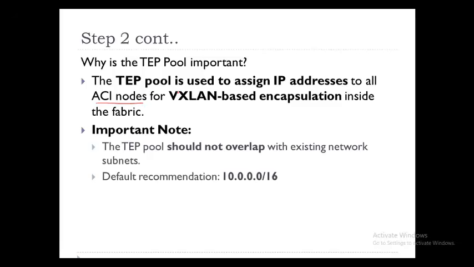So for the VXLAN outer layer 3 address, it is going to be the subnet range which you define. Important note: the tunnel endpoint pool should not overlap with the existing network subnet. So make sure you use a subnet which is not in your production.